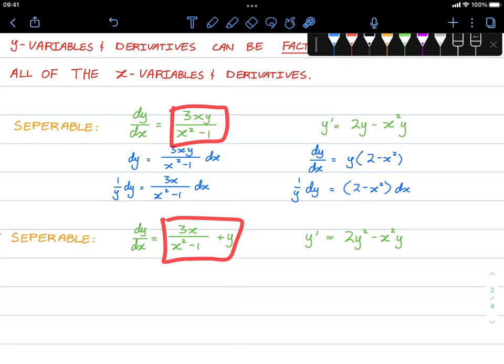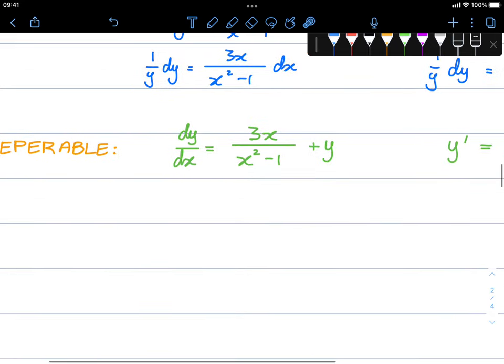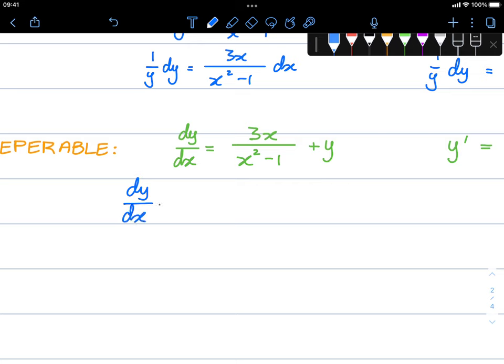If you take a look now and compare these two, it's a very slight difference, but as I'll demonstrate now, we actually cannot separate this y variable from the x derivatives. For this one, I'm going to subtract y first. So I get dy on dx minus y equals 3x on x squared plus 1, minus 1.